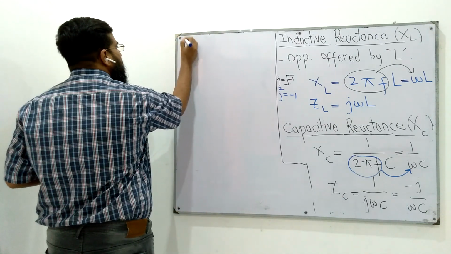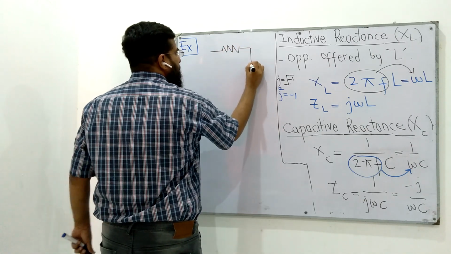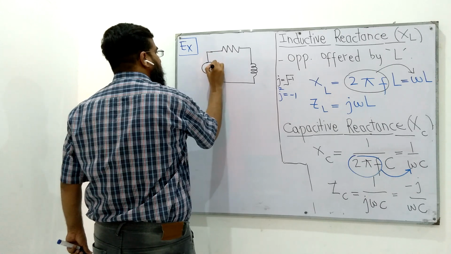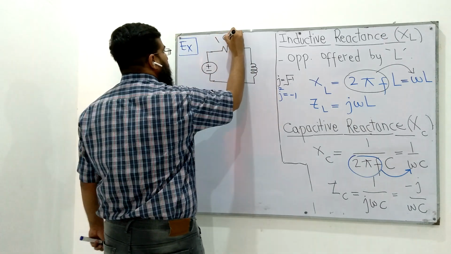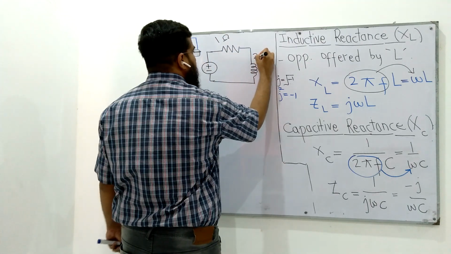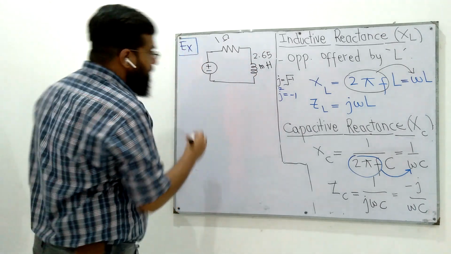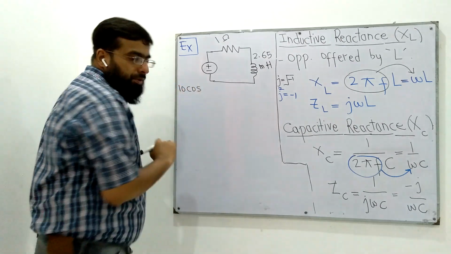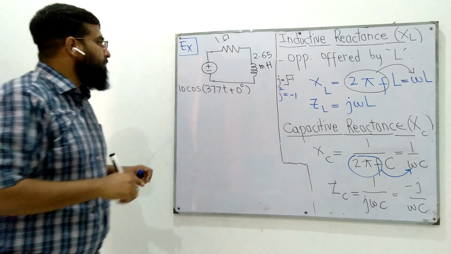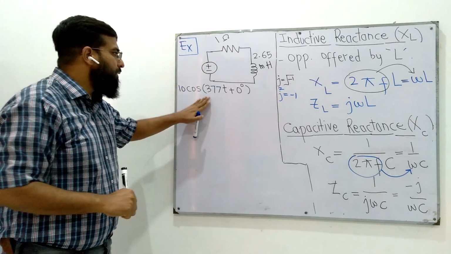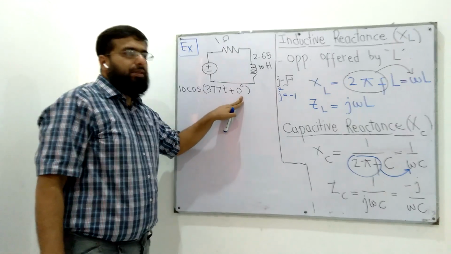Now we have an example to solve where we have a source, a resistor of value 1 ohm, an inductor of value 2.65 millihenry, and a source with sinusoidal signal 10 cos 377t plus 0 degrees. 10 is the magnitude of the cos wave being applied as input. 377 is equal to 2 pi f, or omega, times t, plus it starts from 0 degrees.